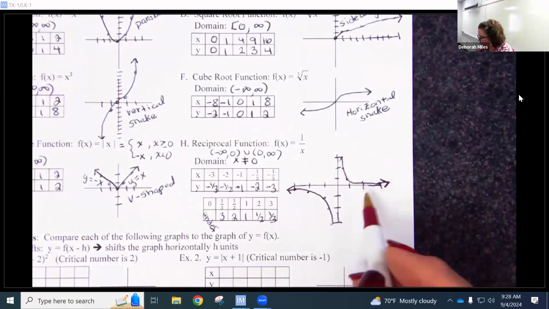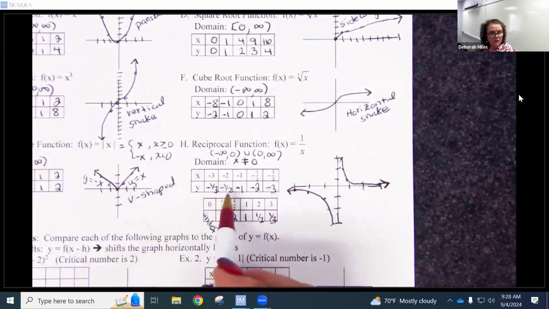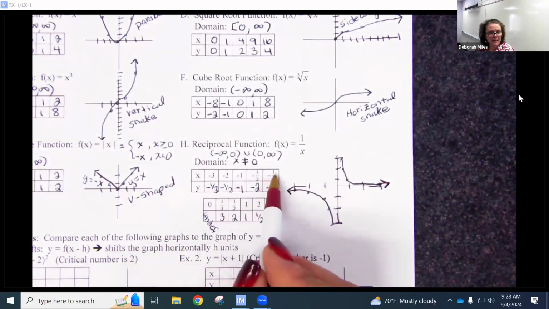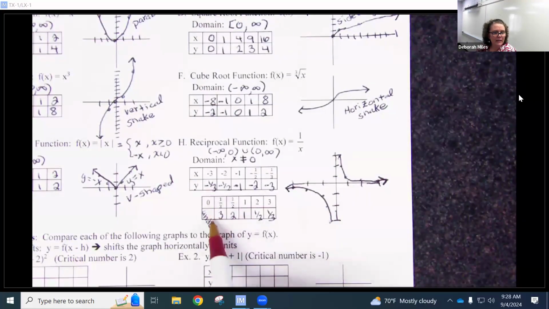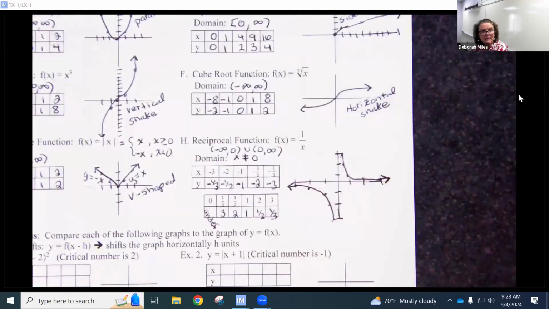As I flip numbers that are getting closer and closer to 0, flip a -1/2, I get -2. Flip -1/3, I get -3. Wait, I said from the right. Flip a 1/3, I get a 3. Flip a 1/2, I get a 2. If I flipped a 1/10th, I get 10.